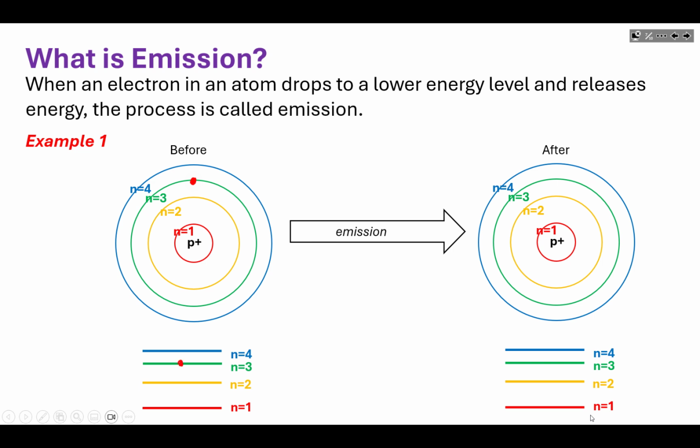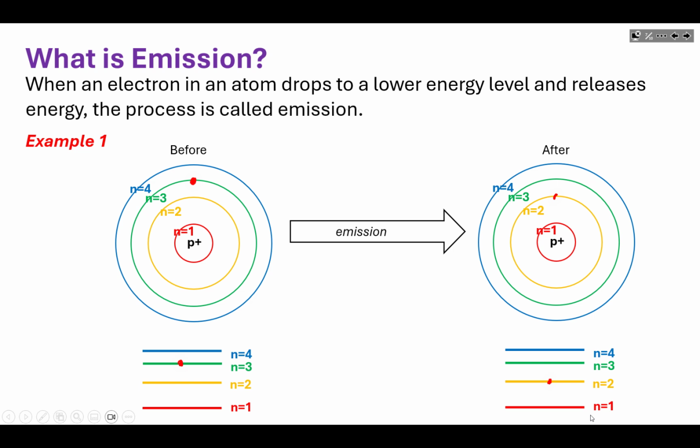And then, well, excited states don't last too long, and it's going to want to lower its potential energy. So say in this instance that it drops down to the n equals 2 level.